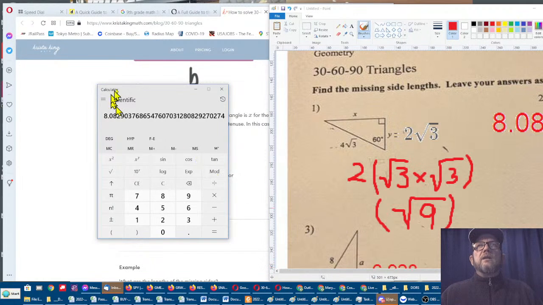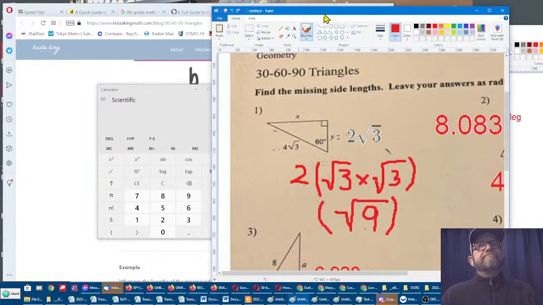Take your calculator and type in 9 square root, and that'll give you 3. There's one more step.